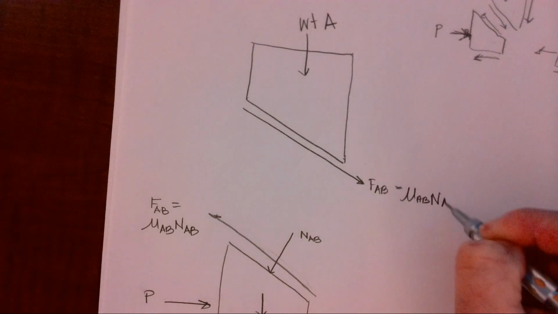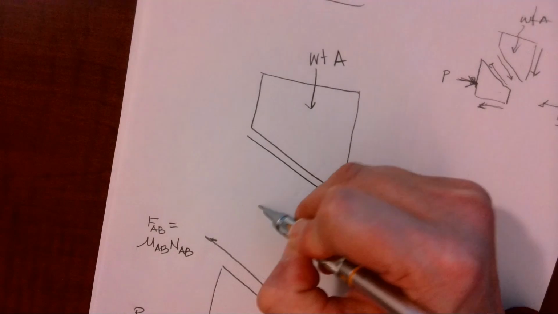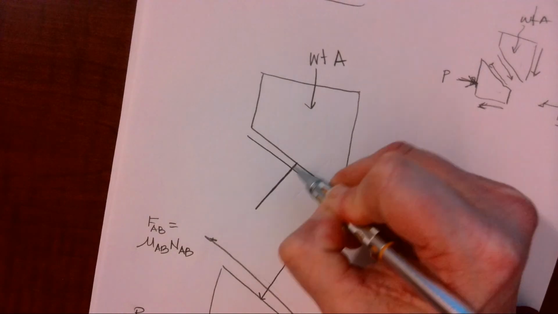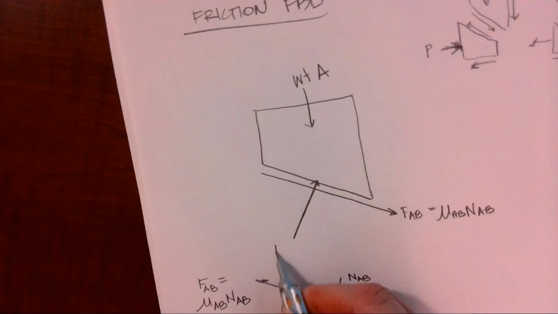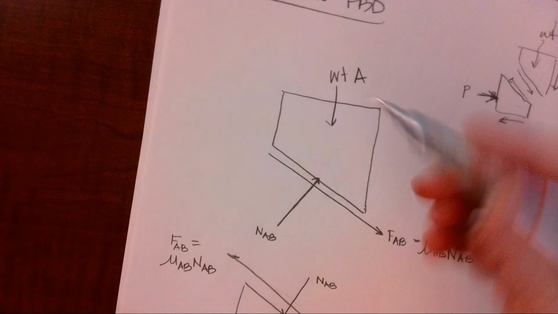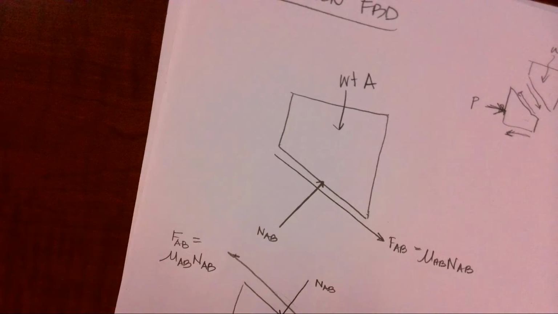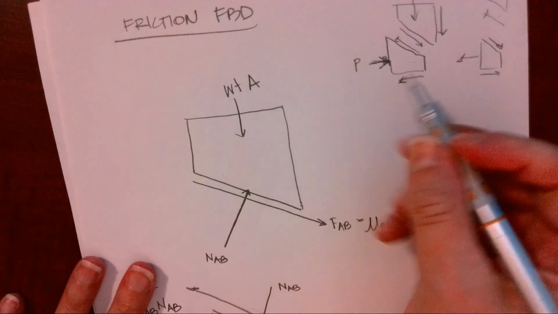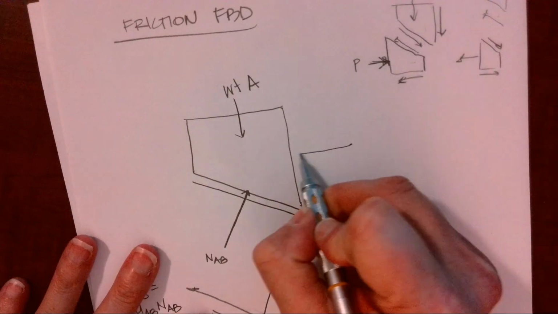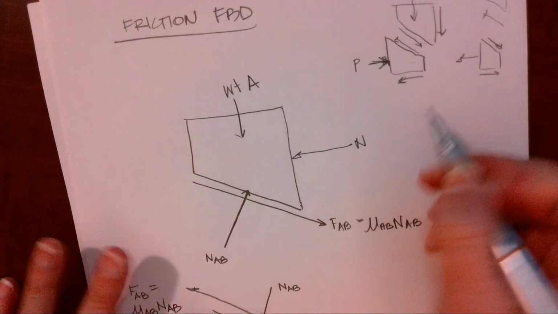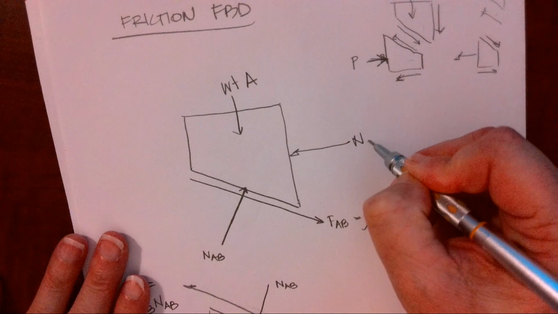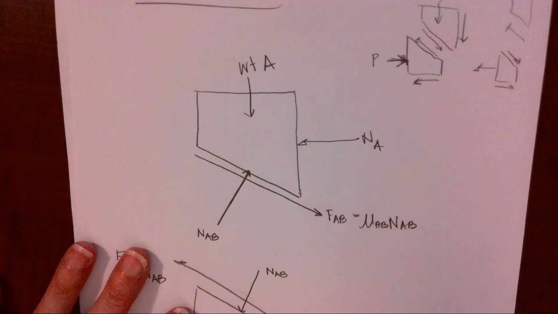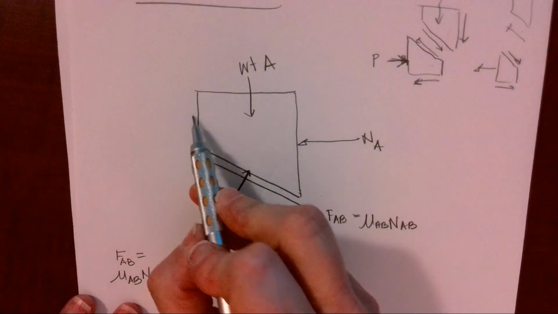Okay. And I have a normal force that's acting, which is that normal force. Okay, so A is pushing down on B, and B is pushing back up on A. And then we could also have a normal force here, and I'm just going to call this A. Okay, and it could be on this side, it doesn't matter, it could be somewhere on the side.